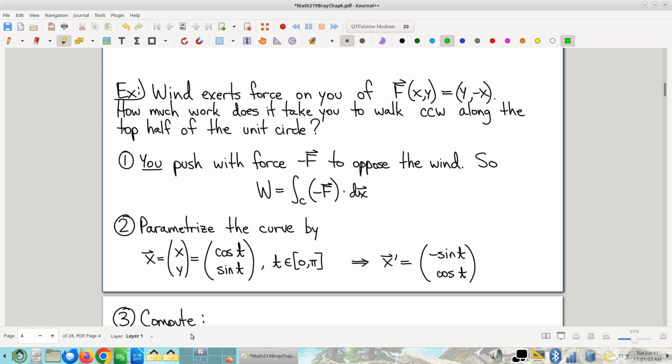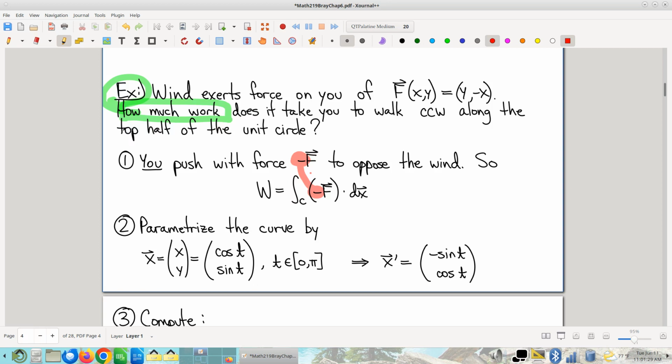The big question of this example was to compute how much work it takes to move along a certain path, exerting a certain force, in recognition of the fact that, of course, we're pushing against the force that was listed. Real quick digression: you always have to look at the phrasing of the problem to see which force you've been given.